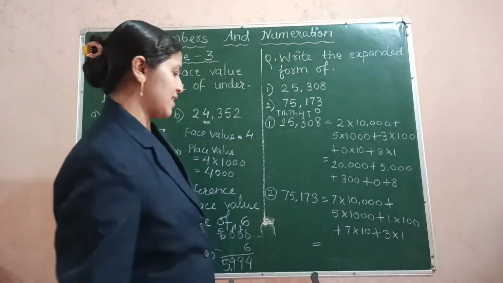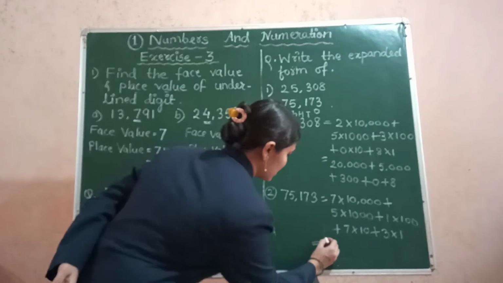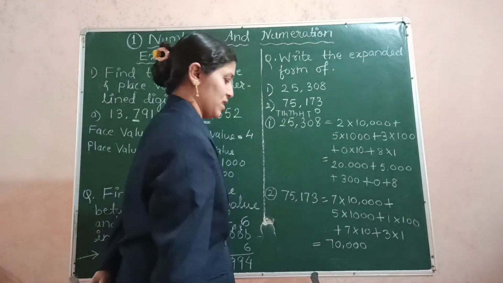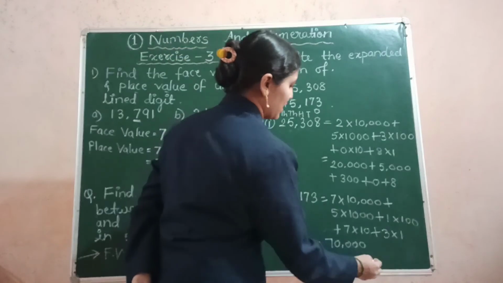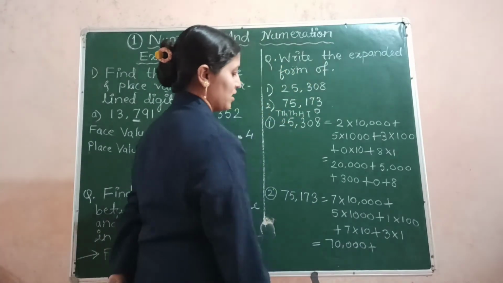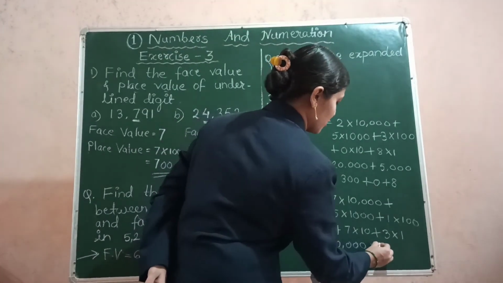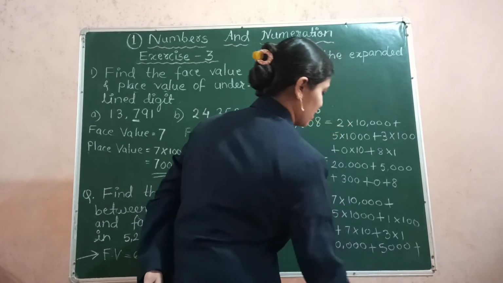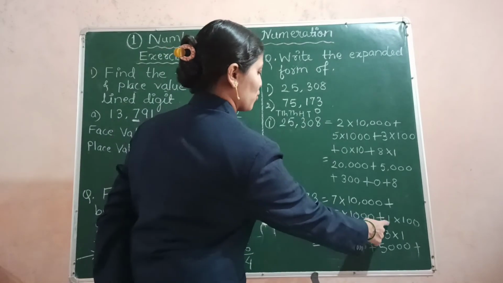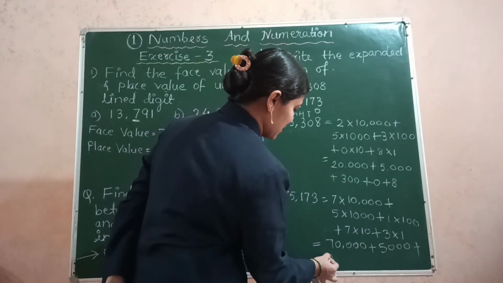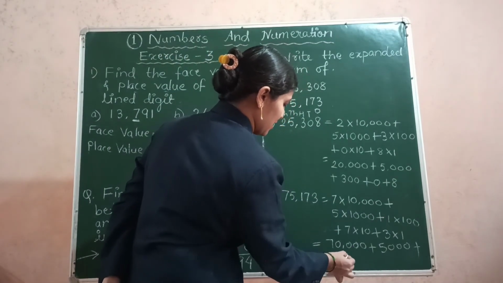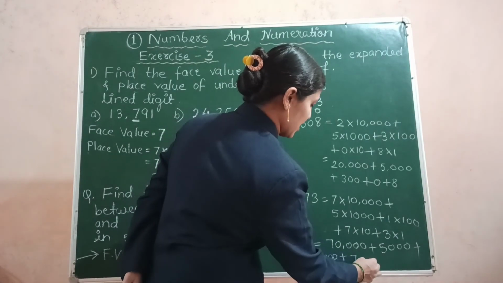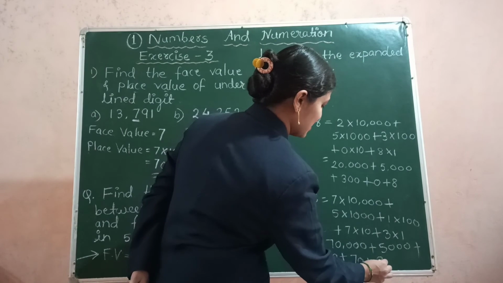And the next step of this number goes like this, 70,000, since we multiply it with 10,000. Then we have 5 into 1,000 which gives 5,000 plus we have 1 into 100 which means 100 plus 7 into 10 which gives us 70 and plus 3 into 1 means 3.